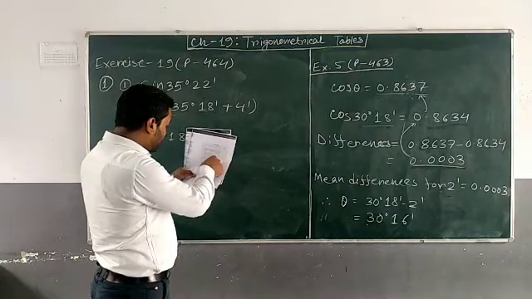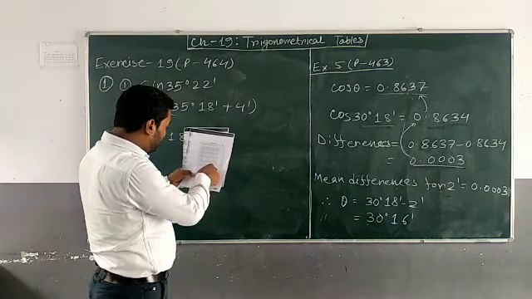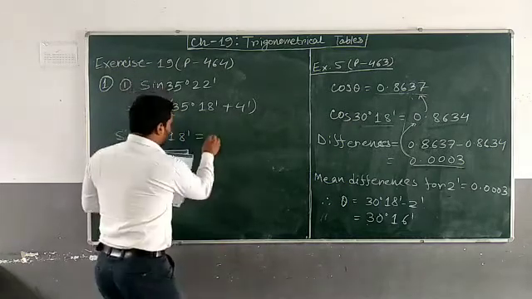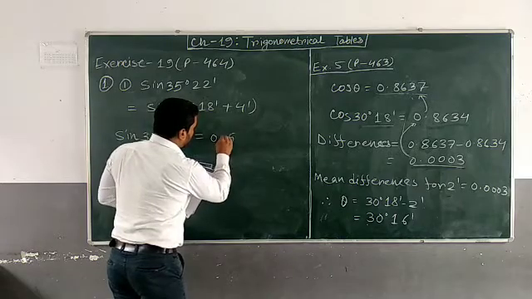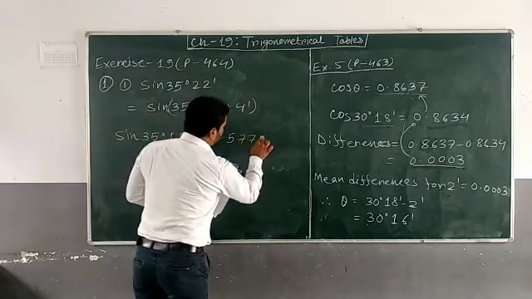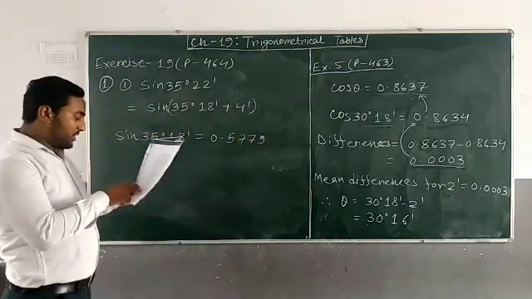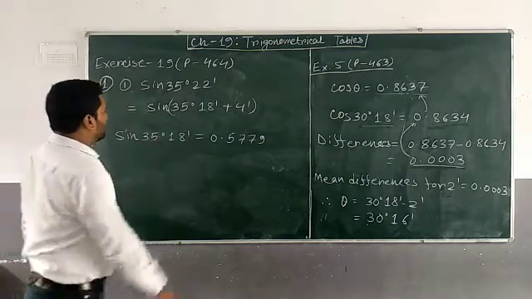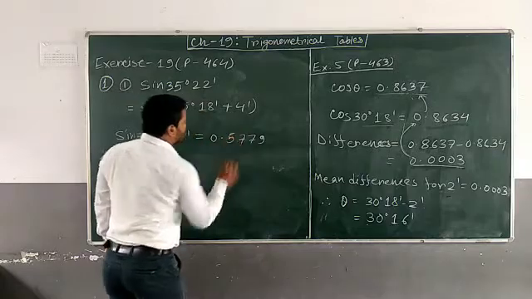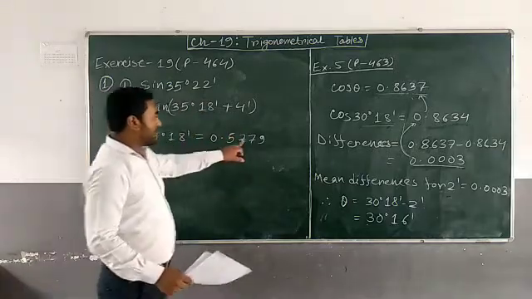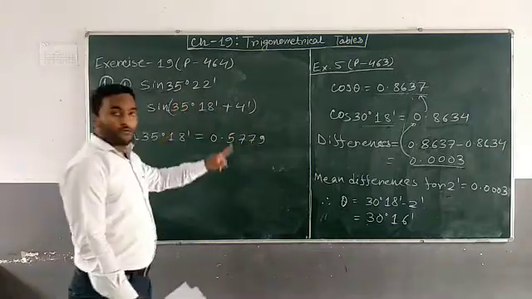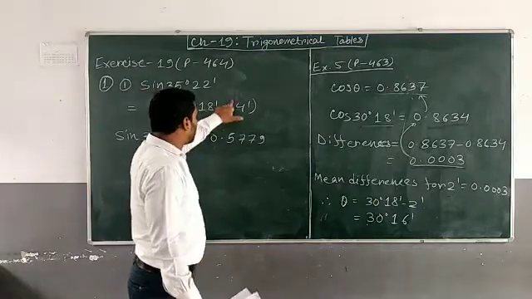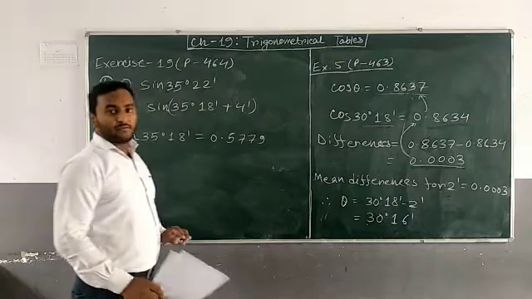For 18 minutes the value is 0.5779. So the value of sine 35 degree 18 minutes is equal to 0.5779.